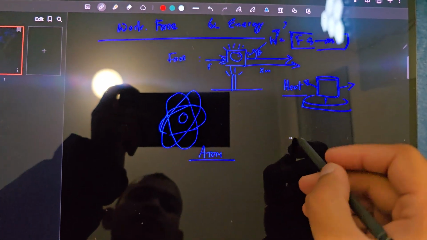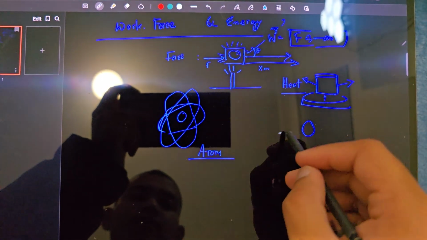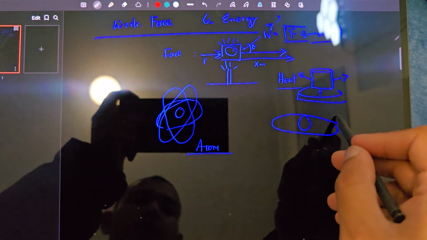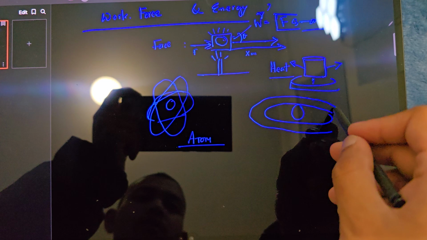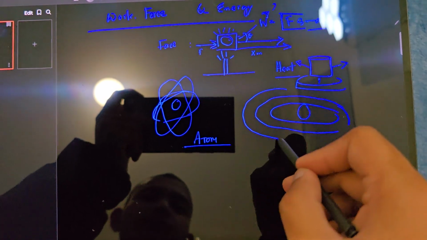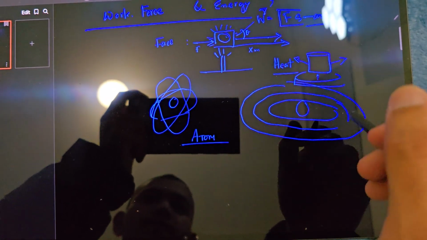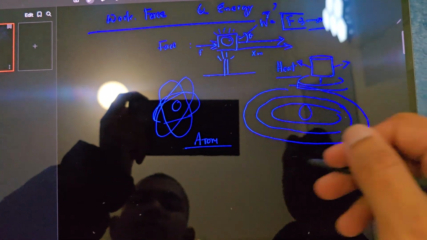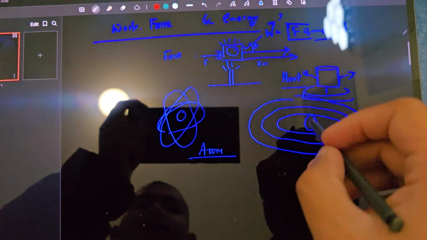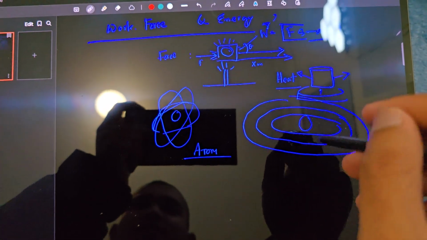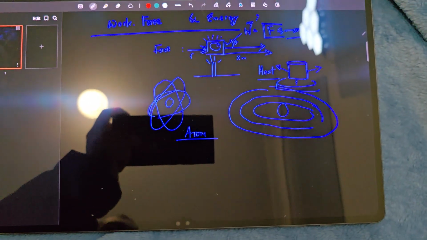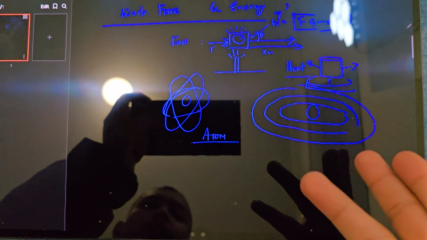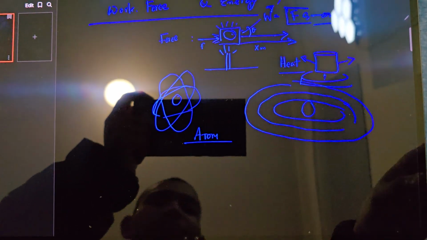Say we talk about the solar system. This is the sun. Normally we might think all the planets rotate like this, but it's never a circle, it's an ellipse. It's elliptical movement.